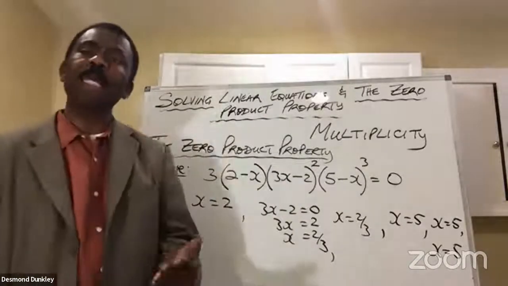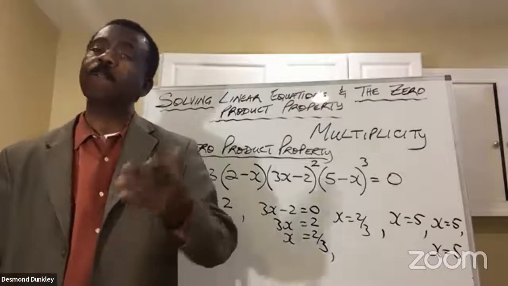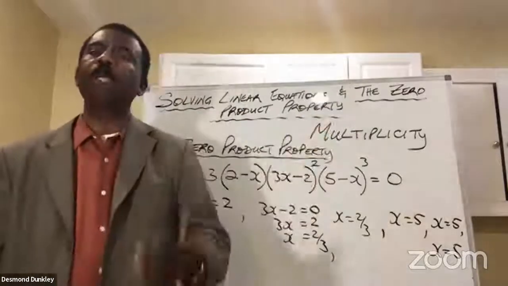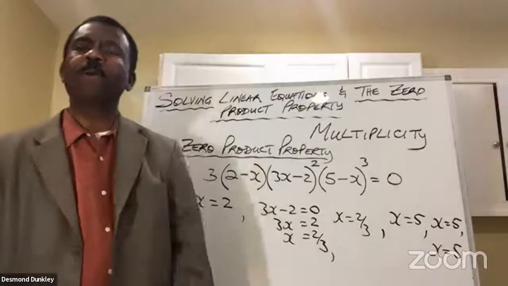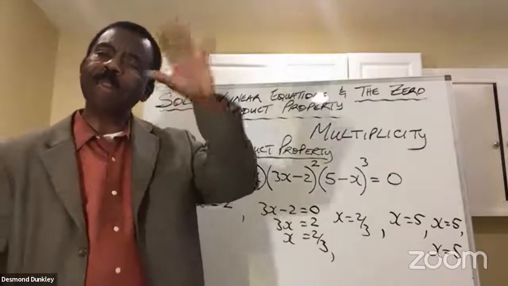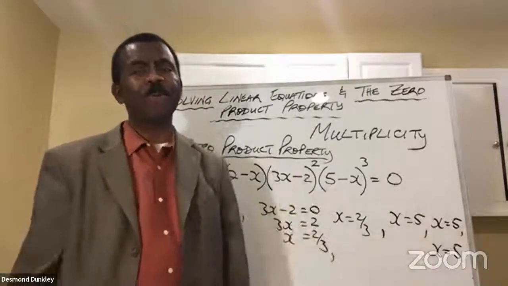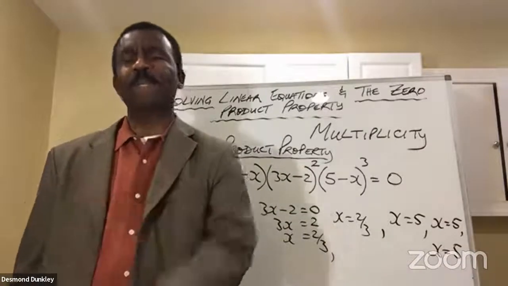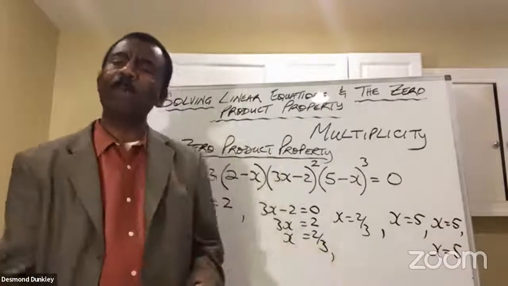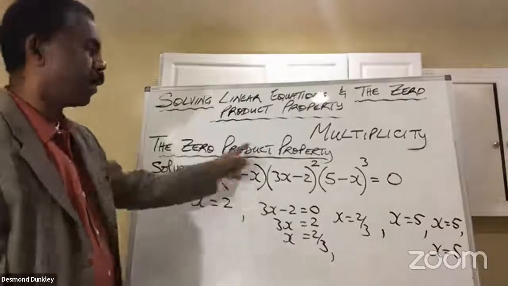So if ever you see that a solution x equal to 7 with multiplicity of 5, you know that 7 is repeated 5 times. So don't say I never taught you a new word. Multiplicity. And that comes in very quickly when we do zero product property.